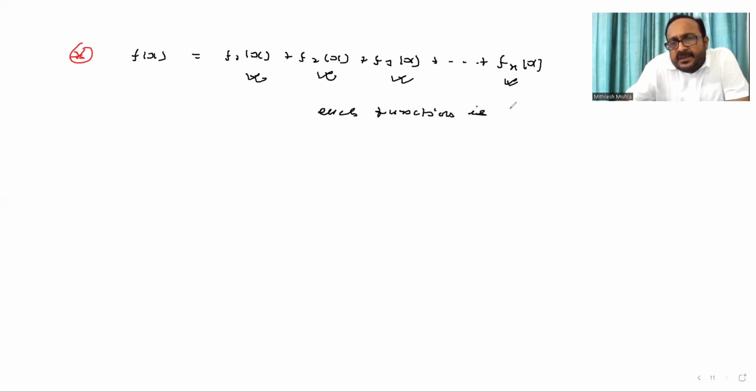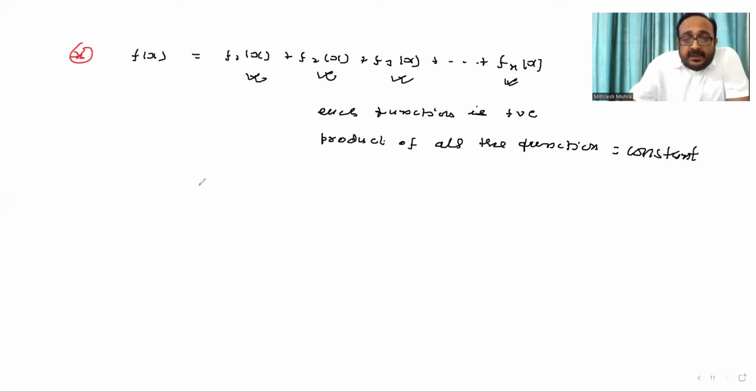The product of all the functions, f1(x), f2(x), f3(x), is constant. Then to find the range, the domain is given as all the positive values.